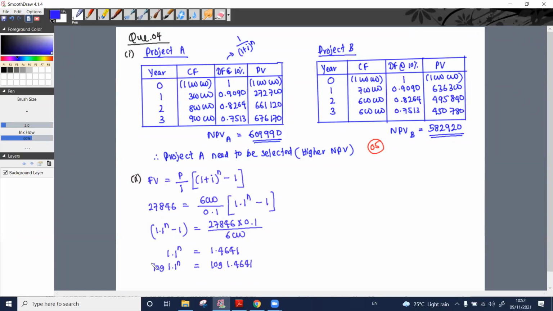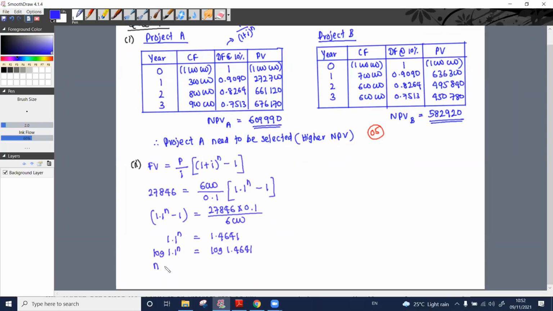So here, log of 1.1 to the power n. What is the base value? That is 10. That is why we have not written anything here. Log to the base 10. So the same can be expressed as how? On the left hand side, we can take this power value to the front. Then it becomes n into log of 1.1 equals log of 1.4641.